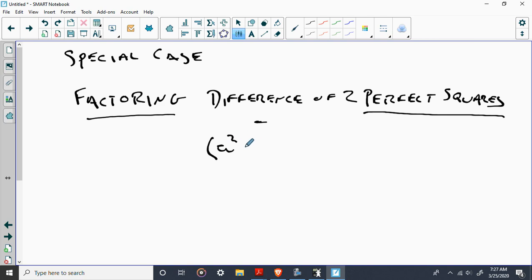And we're going to say the difference of that and another perfect square over here, which is going to be b squared. All you have to do is take the square root of the first one, the square root of the second one, give me a plus sign, give me a minus sign. That's it. You take the square root of the first number, put it twice, take the square root of the second number, put it twice, give me a plus sign on one, and a minus sign on the other.